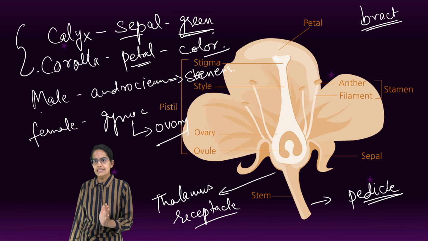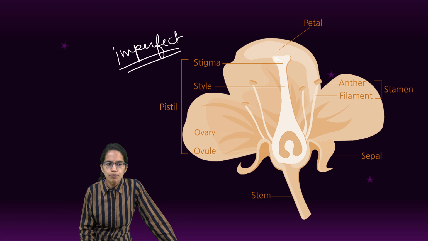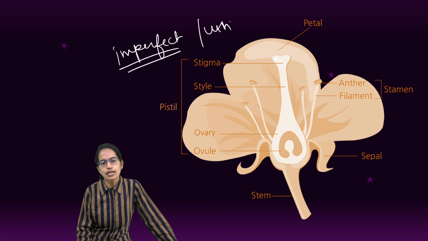Now, we'll come on to some important terminologies that you must be familiar with. If either the male or the female whorl is present, we call this an imperfect flower. This imperfect flower is also known as unisexual flower.